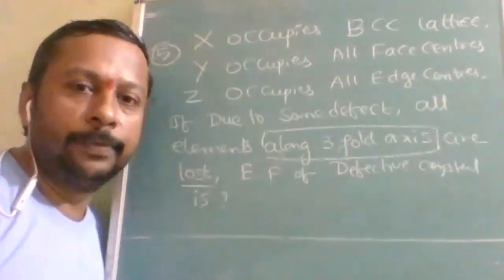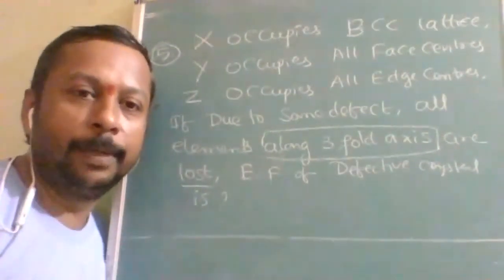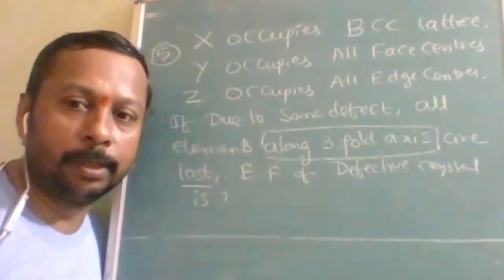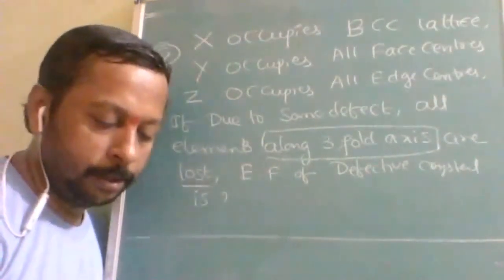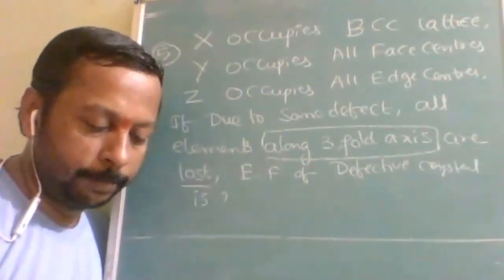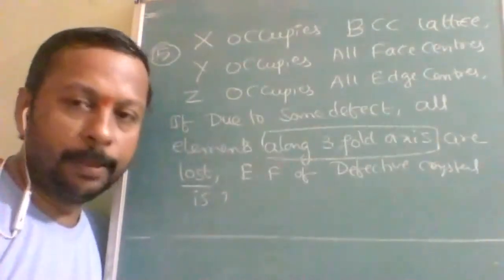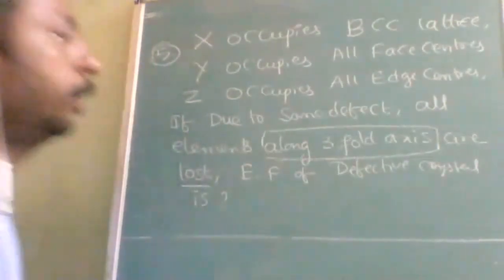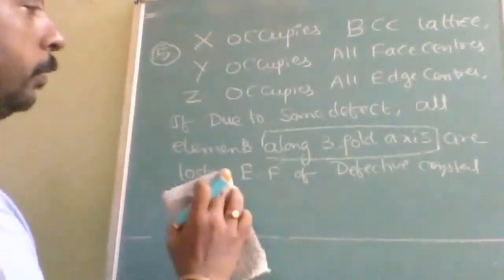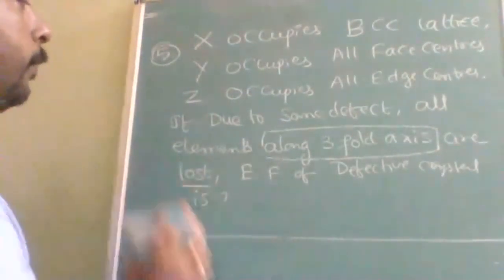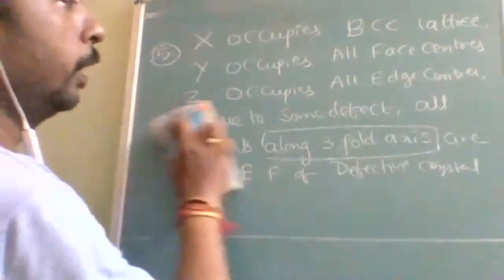All of you should be aware that the threefold axis of symmetry passes through corners. Any doubt in that? So the threefold axis of symmetry will be passing through the corners.